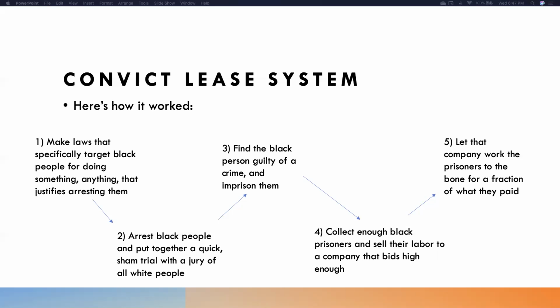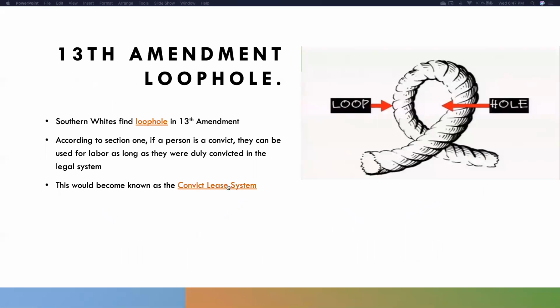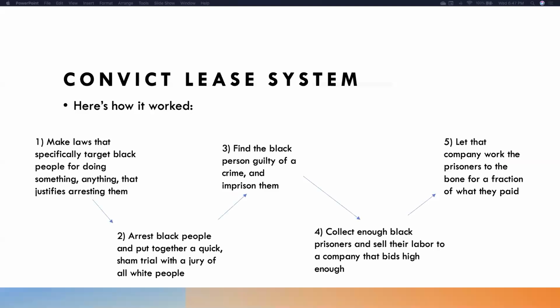There is a video linked in the previous slide, which I encourage you all to go and look at. But during slavery, slave masters didn't want to work slaves too hard, not to death, because that hurts your bottom line. You have to pay to replace that slave.